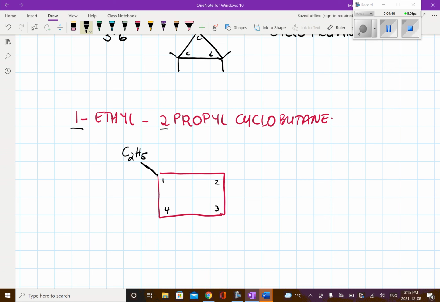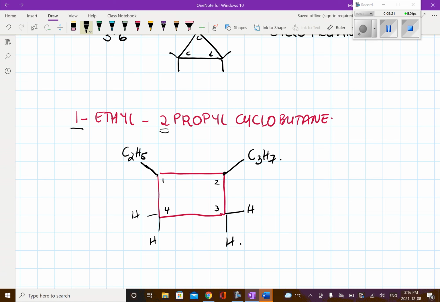And in the second position of carbon, we will have propyl, so we'll have C3H7, and then on the 3 and 4 we'll have just 2 hydrogens each. Okay, so this will be how we name a cyclic aliphatic.